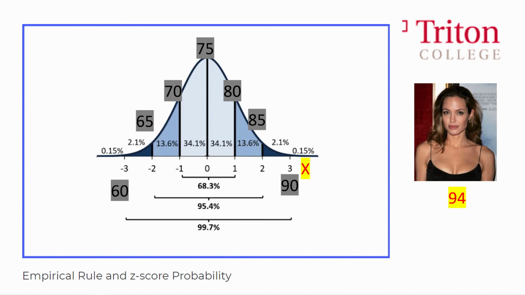That's not very likely, which would be true. As I said before, I'll show you how to do this with a z-score and give an exact number, but I'm trying to sell you on the general idea.